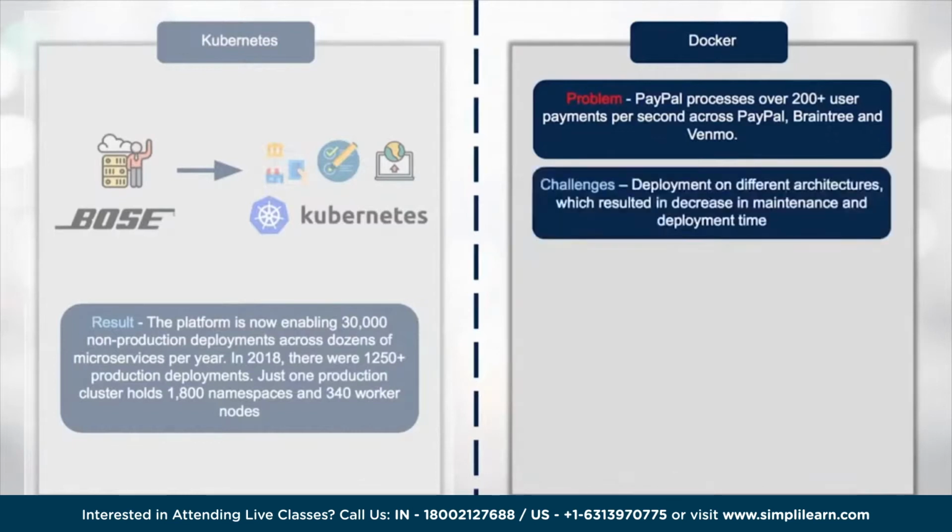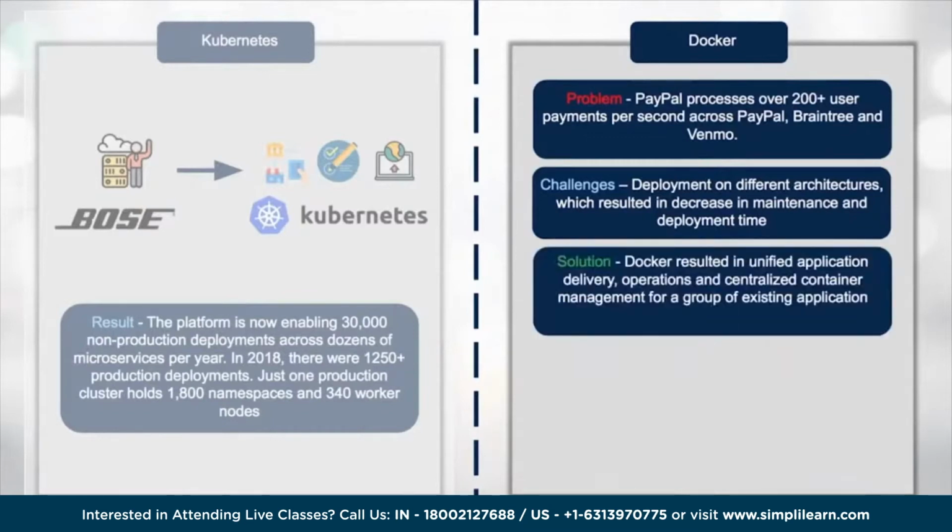The challenge PayPal was given is that they had different architectures which resulted in different maintenance cycles, different deployment times, and an overall complexity from having a decades-old architecture with PayPal through to a modern architecture with Venmo. Through the use of Docker, PayPal was able to unify the application delivery and centralize the management of all of the containers with one existing group.